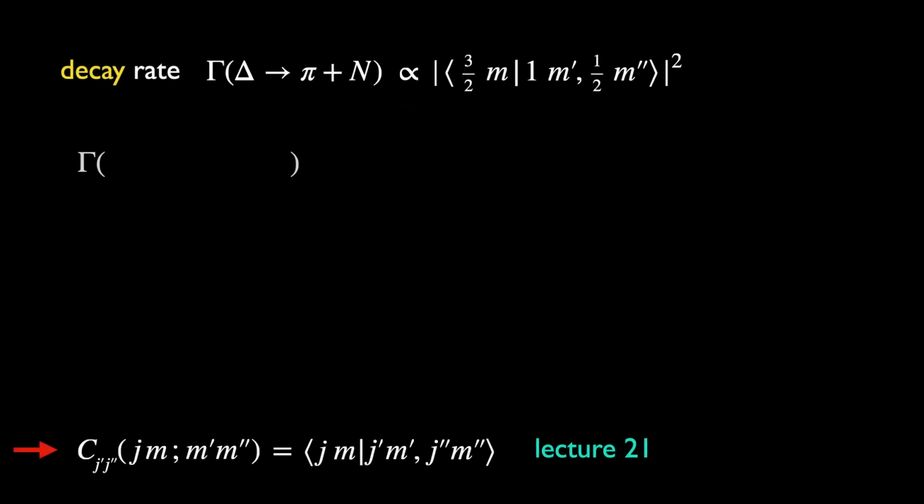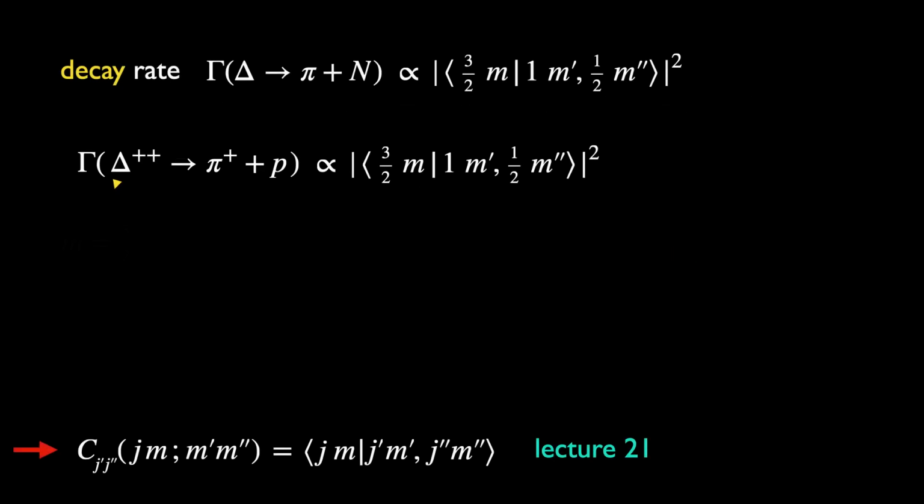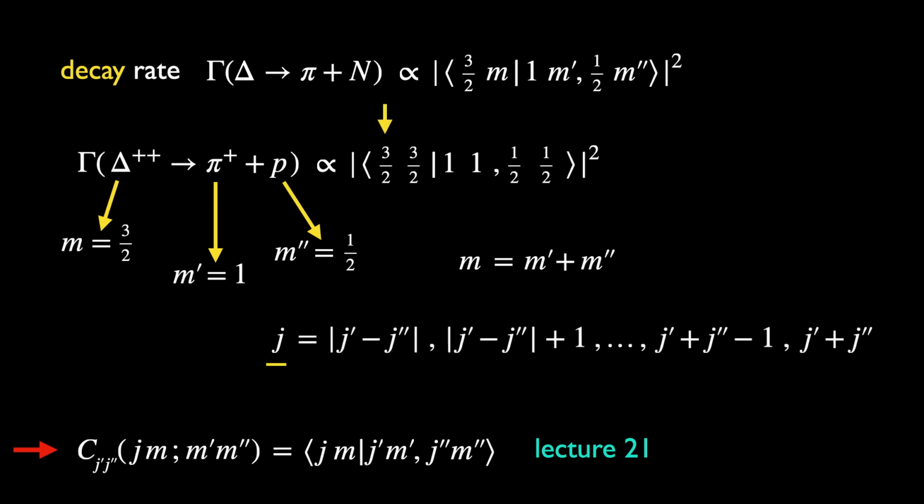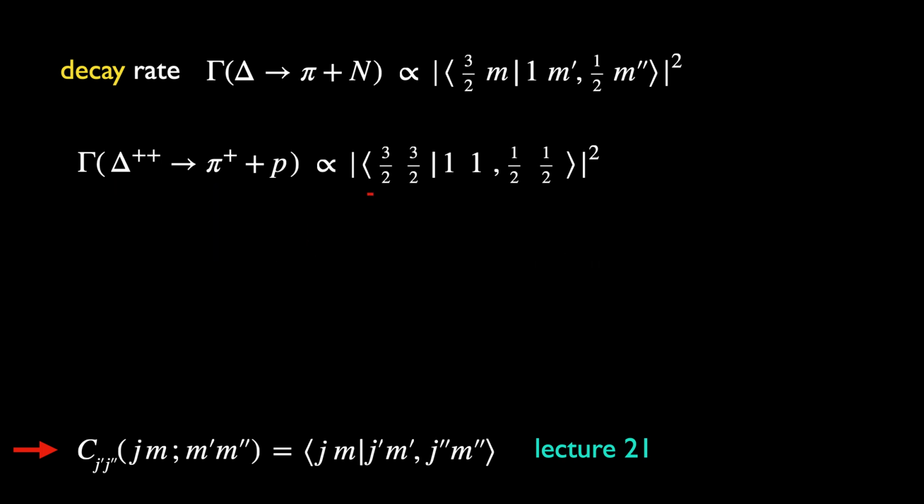Let's first look at the decay of delta plus plus into pi plus and a proton. Notice that the selection rules are satisfied. Actually, both states in the amplitude are equal.